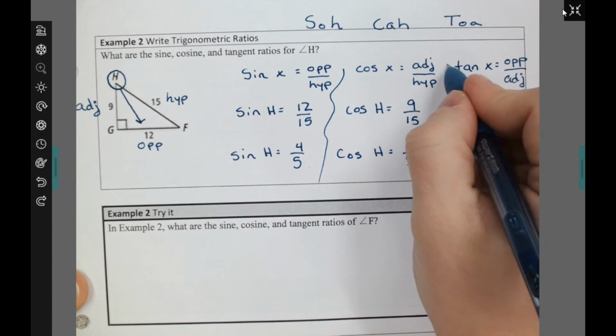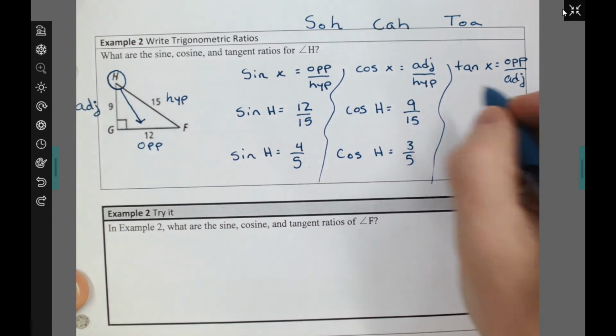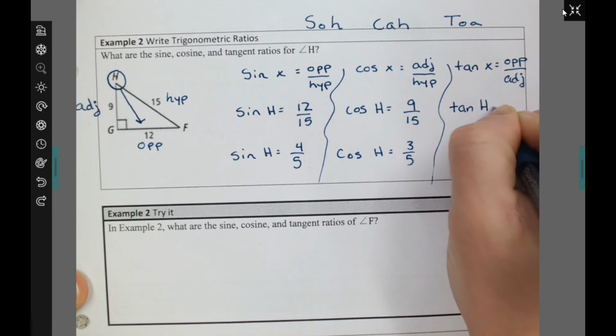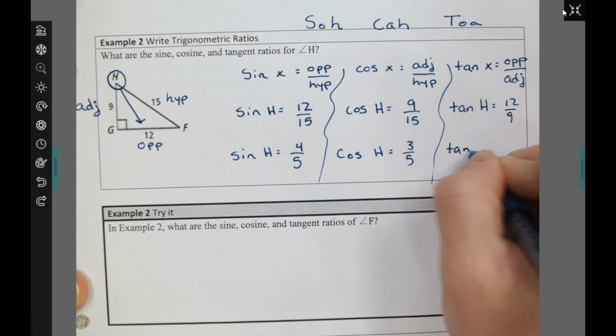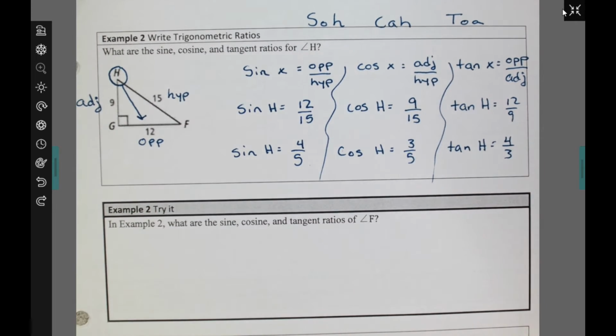So I got sine, cosine. Last one, tangent. You're going opposite over adjacent. So tan H is going to equal 12 over 9, which is going to give me 4/3. The key to this problem when you're finding your trig ratios is you have to identify the angle, and then label all three sides.